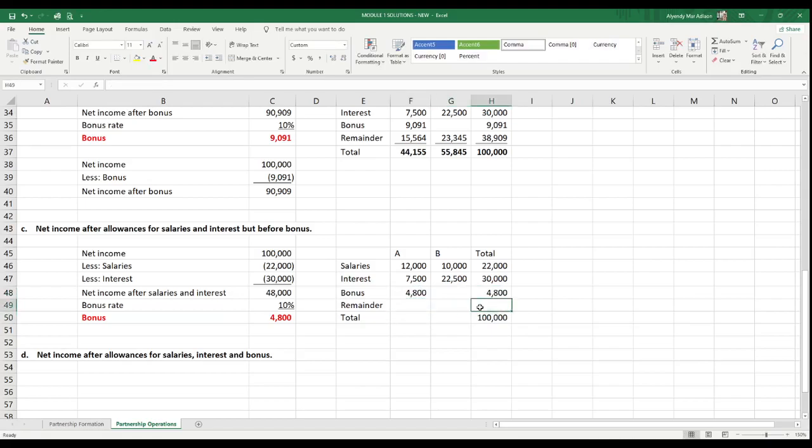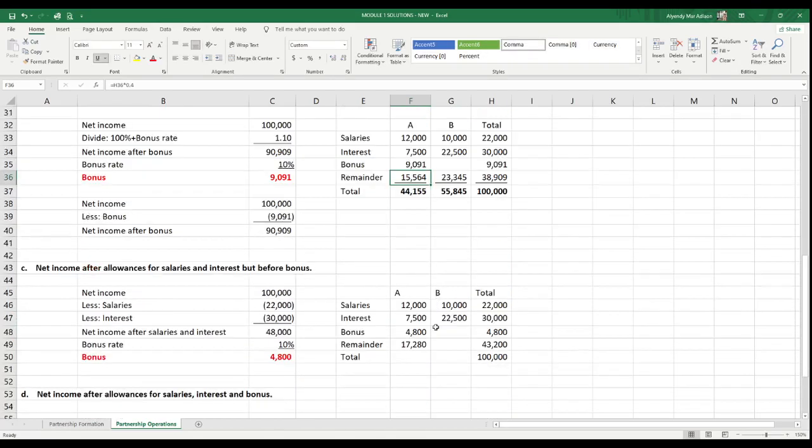For this problem, we have 100 minus 22 minus 30 minus 4.8, so that is 43,200. Then multiply it by the ratio, so 43,200 times 40% and 43,200 times 60%.